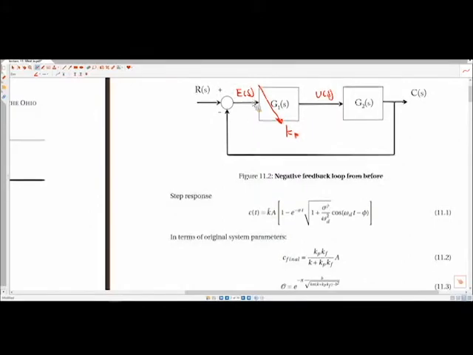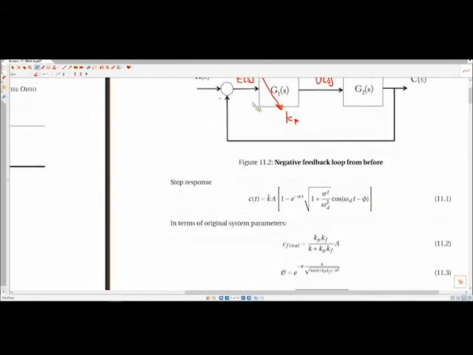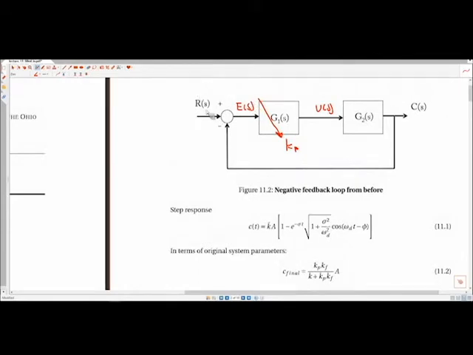We get a step response if we input a step into the reference. We're saying that we want our positioning system, our mass spring damper system, at time equal to 0, and we tell the desired position to go from 0 to some position A. We get a response that looks like our standard time domain response for a second order underdamped system.